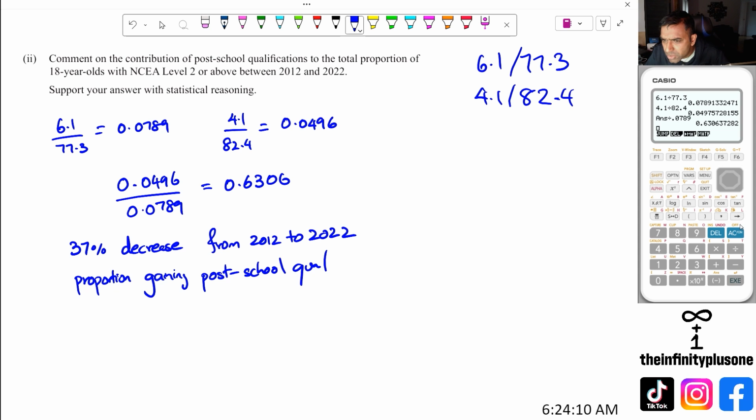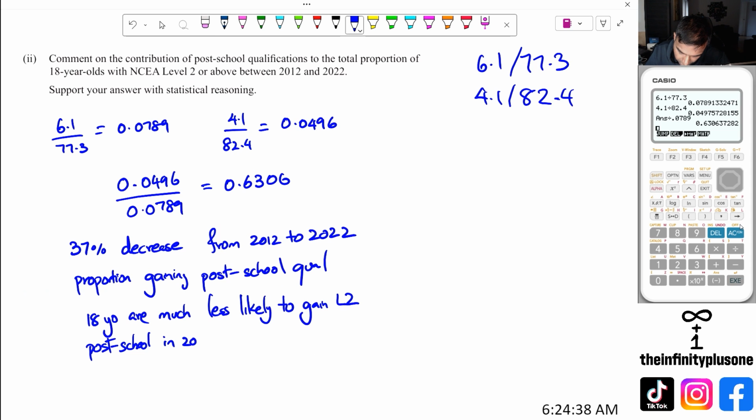Actually, the question says comment using relative proportion. You don't need to, but because it says comment, we probably would say that. So we can say 18-year-olds are much less likely to gain level 2 post-school in 2022 compared to 2012.